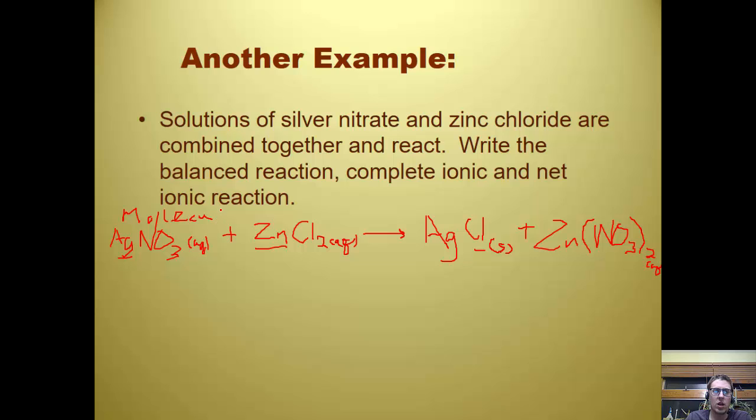Molecular. Okay. Oh, we didn't even balance it yet, right? Because we've got 1 nitrate here, 2 nitrates here, so let's write it out. I'll write it small. Ag 1, 1 NO3.